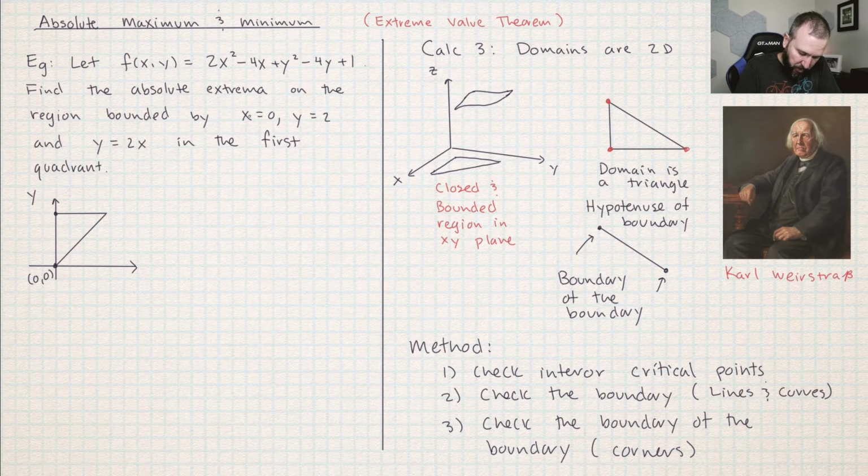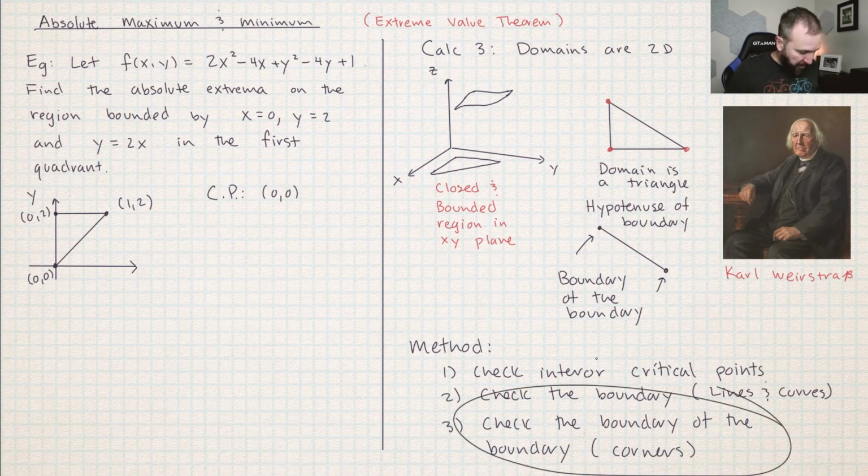And then up here, this is where y is equal to 2 and x is equal to 0. And then this corner right here happens when y equals 2 and y equals 2x. So that means this point must be 1, 2. So I've already got some critical points to include in my list here, all of these, because they are the boundary of the boundaries.